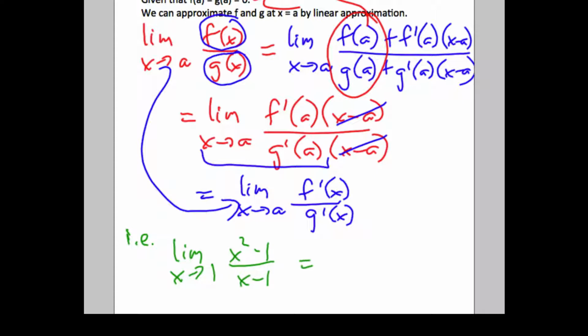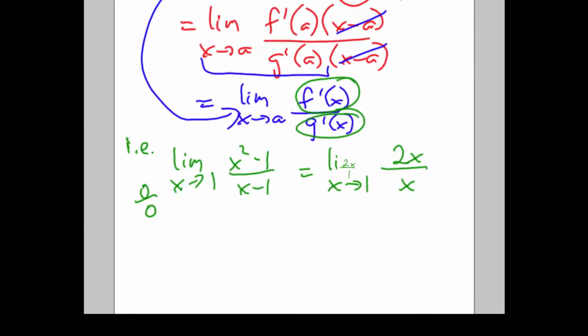Let's just apply this idea to those two limits above that we started with. In order to use L'Hopital's rule, we need to plug in numbers close to 1 and ensure that we have an indeterminate form. So we have 0 over 0 when we approach 1. L'Hopital's rule simply says, if I take the derivative of the top and the bottom, and this isn't the quotient rule, by the way, it's simply the derivative of the top on its own over the derivative of the bottom, then this new limit is going to give us the answer to the original limit.